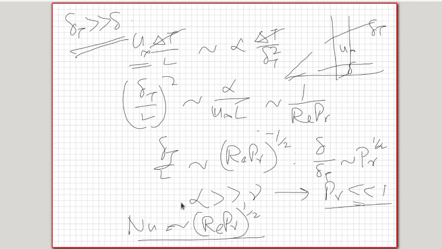And we also said for the two being of the same order, we would again have U of the order of U infinity, and therefore the same result would come.